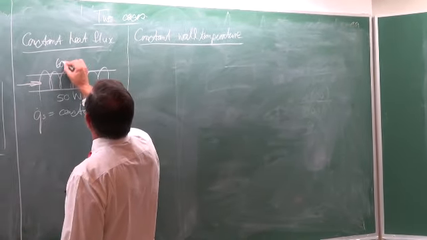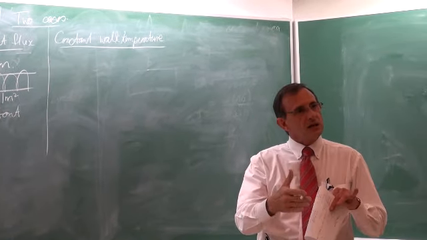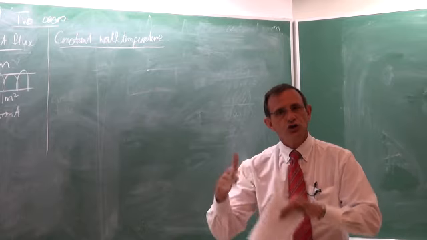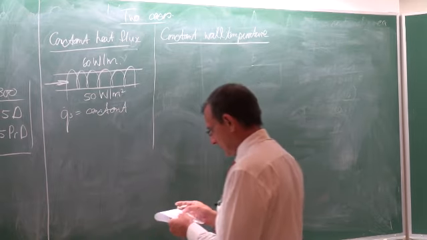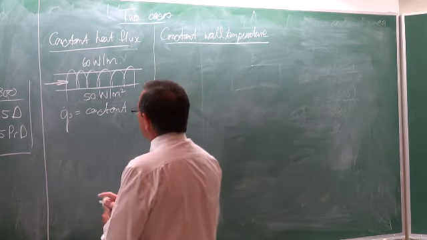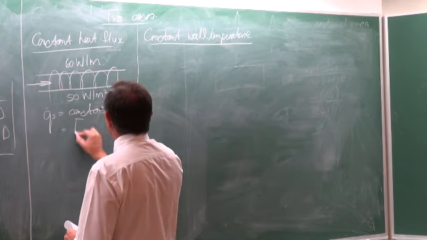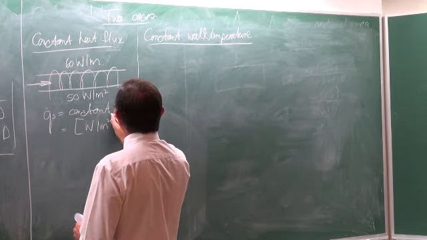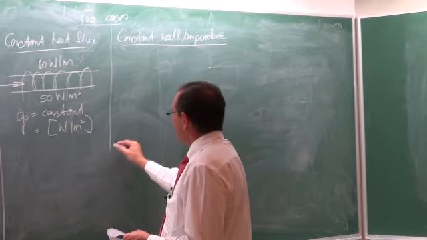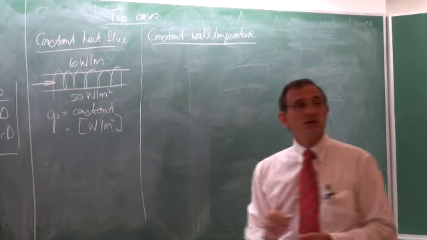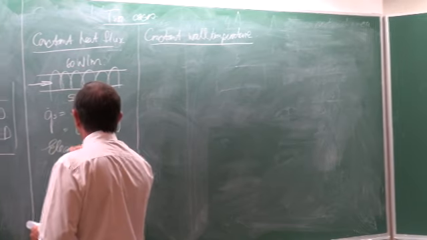Or maybe 60 watts per meter. So every meter, 60 watts of heat is going into the tube over that 1 meter. Okay. So usually we would say small q is equal to a constant. That would obviously be in units of watts per square meter. And the practical cases where we can get this type of boundary condition is firstly with electrical heating.